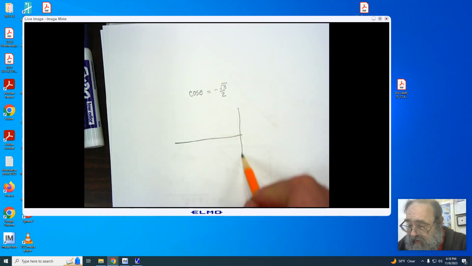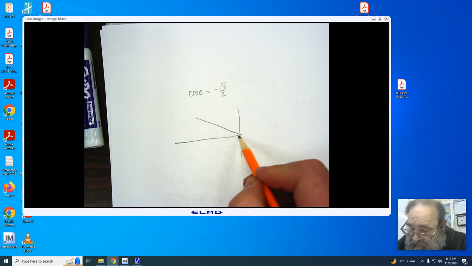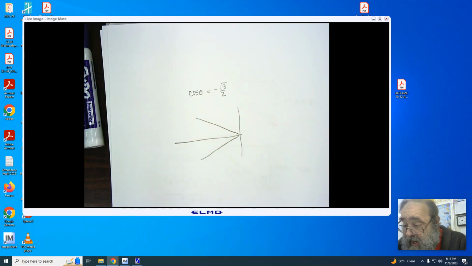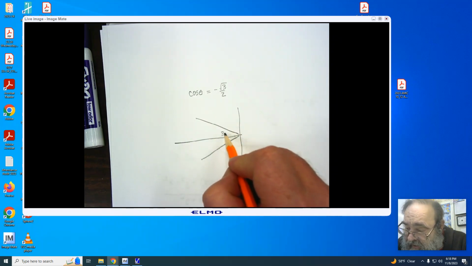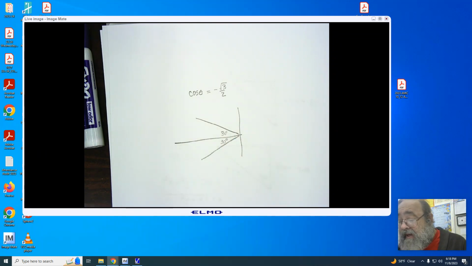One has to be in the second quadrant, and the other has to be in the third quadrant. And they both have a 30-degree reference angle. I know it's a 30-degree reference angle because the cosine of 30 degrees has the ratio root 3 over 2.